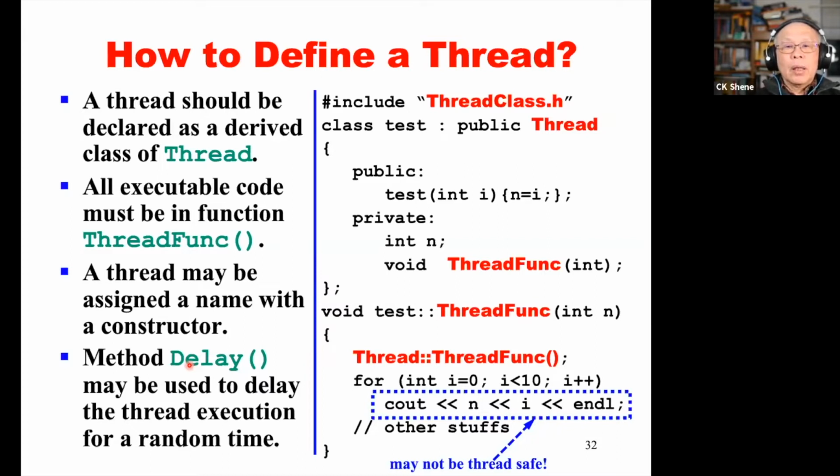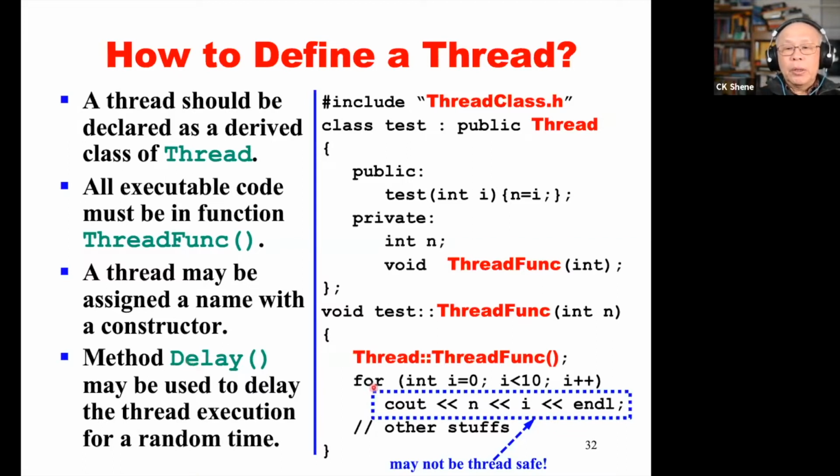Then you write a loop, say j from 0 to 4. Then in the loop body, you just call delay. In that way, you actually simulate a more realistic scenario when you run your threaded program, because all of the programs to be discussed or written are pretty easy.